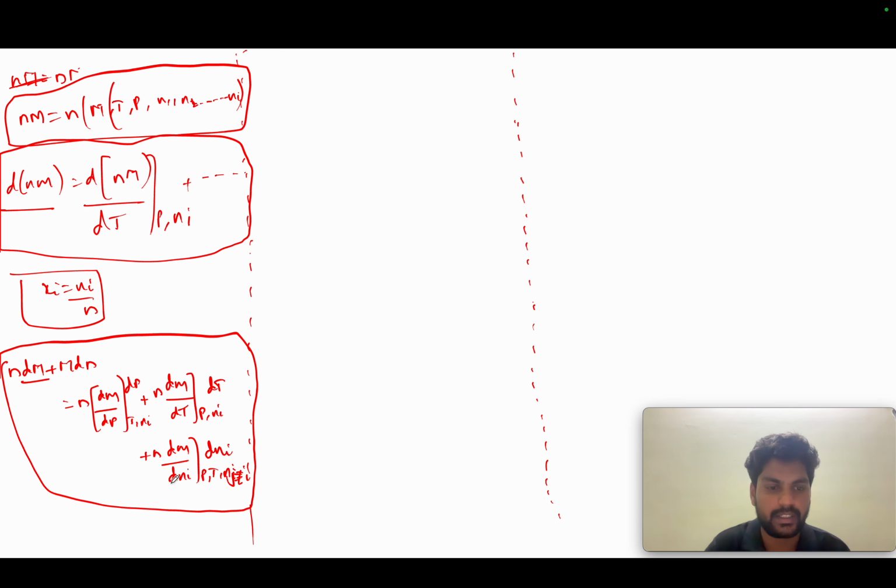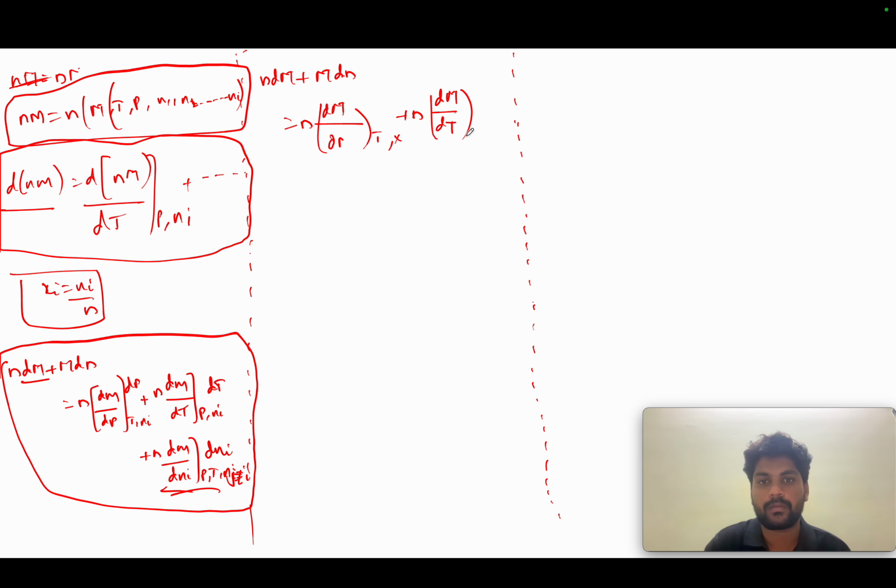Now what I am doing is writing this as n dM plus M into dn, which is equal to the T, x term plus sigma of the terms with dn_i, plus x dM plus n into dx.